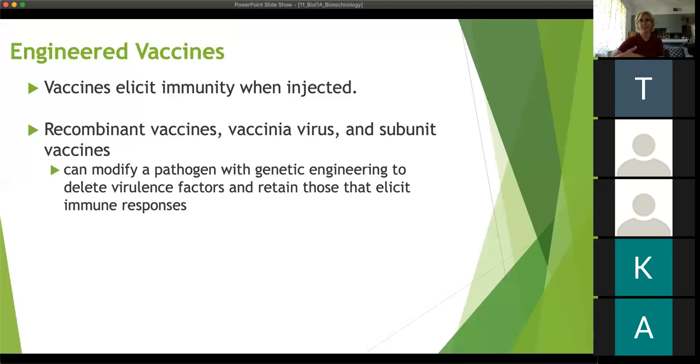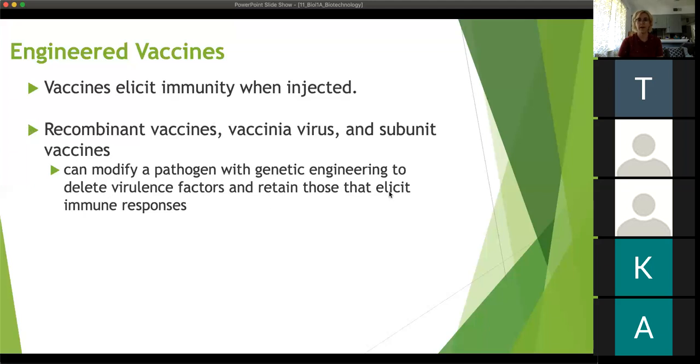You would have families that had 11 or 12 children, but only 3 or 4 of them made it to adulthood because they would all die of these childhood infections. So now that we have vaccines, we've dramatically improved human lifespan.